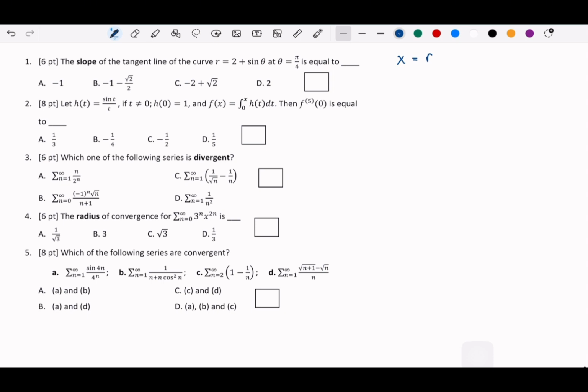Or the Cartesian form. x is r cosine theta, y is r sine theta, right? And basically we can just substitute the curve.